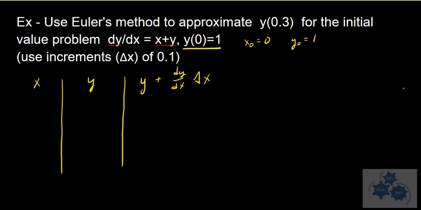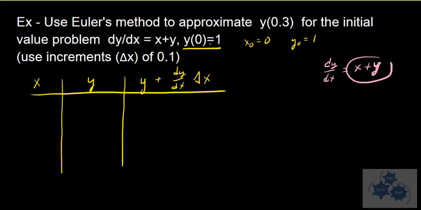We're going to work this out over here. Important to note that dy over dx, according to this problem, is x plus y. So this x plus y is actually what this is. Okay, and we're going to show that here. How do we work this out?